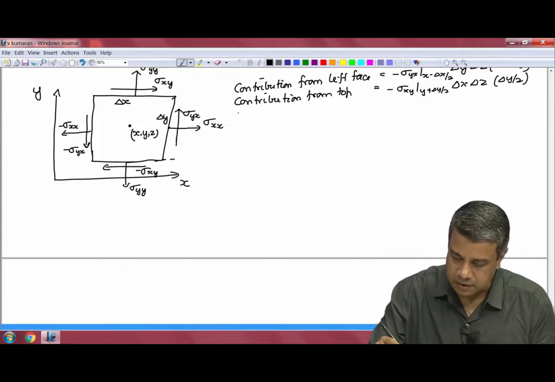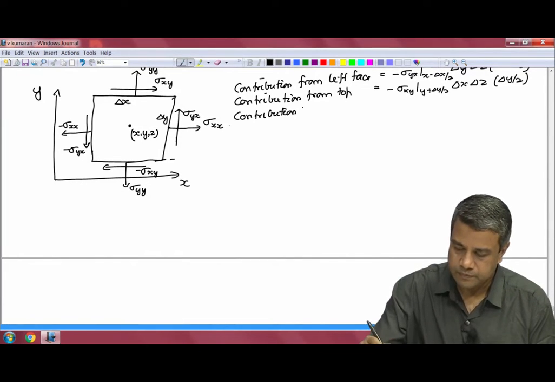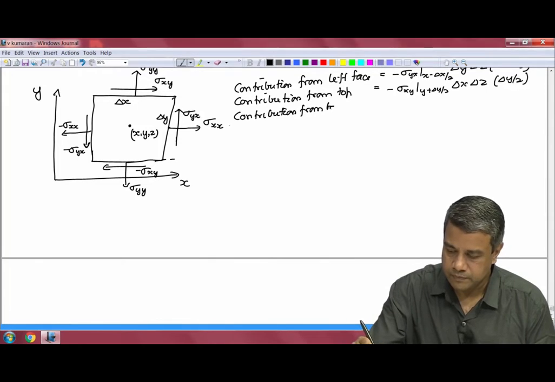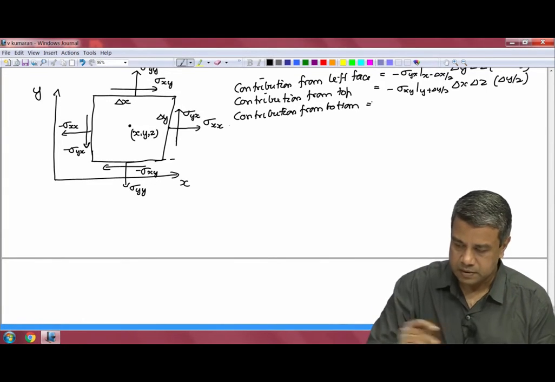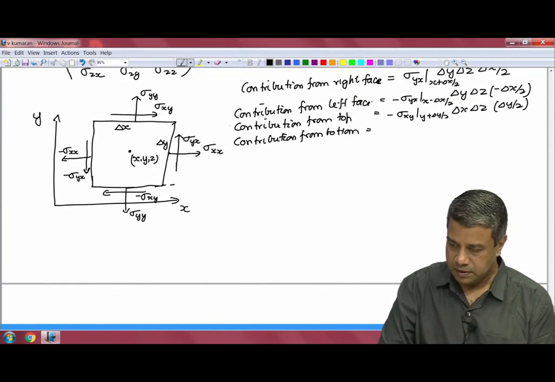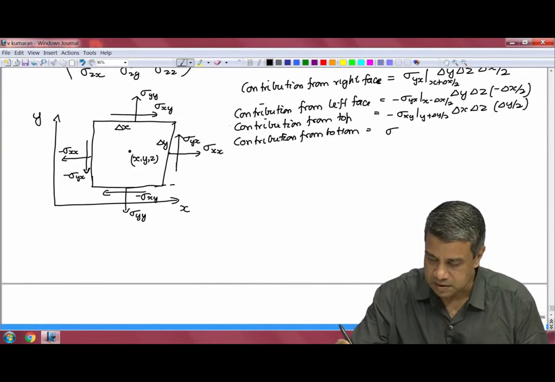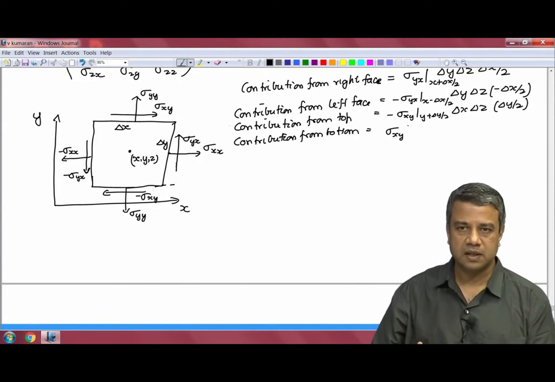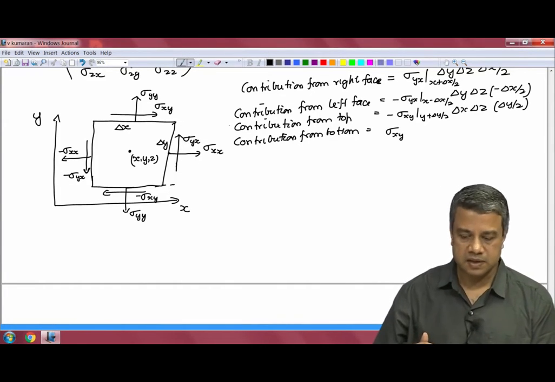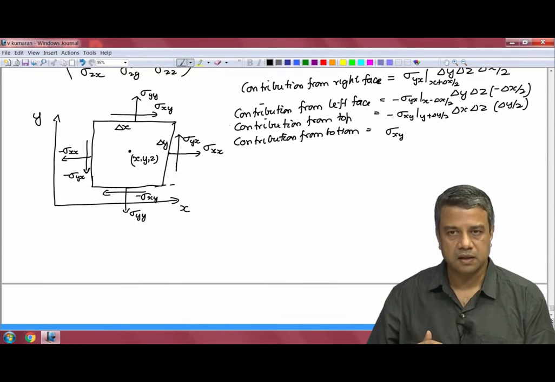And finally, contribution from bottom. At the bottom face, the force is minus sigma xy, but it tends to rotate around this center point in the clockwise direction.